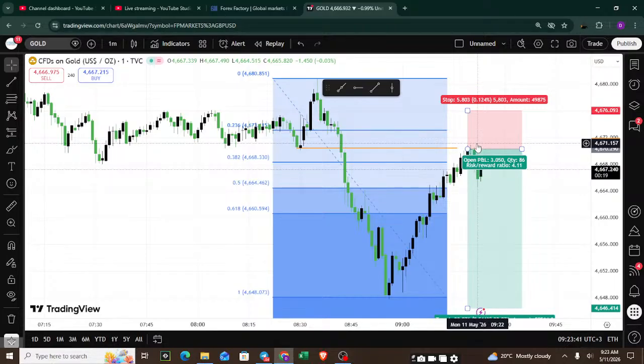Now, not all the discount zones and the premium zones will be good, but at least the majority, when you avail yourself, are going to yield some good profits. So we wait.